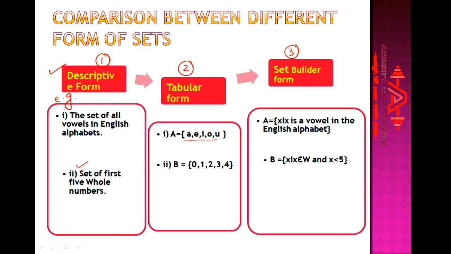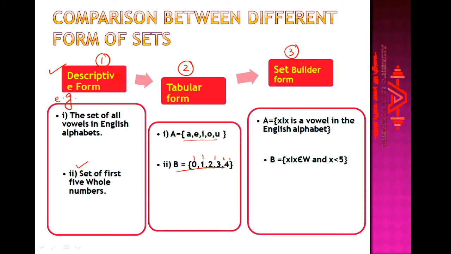And the second example is the set of first 5 whole numbers. So in the tabular form, we have to list down those whole numbers, that is 0, 1, 2, 3, 4. As you know, whole numbers start from 0, the first, second, third, fourth and fifth.